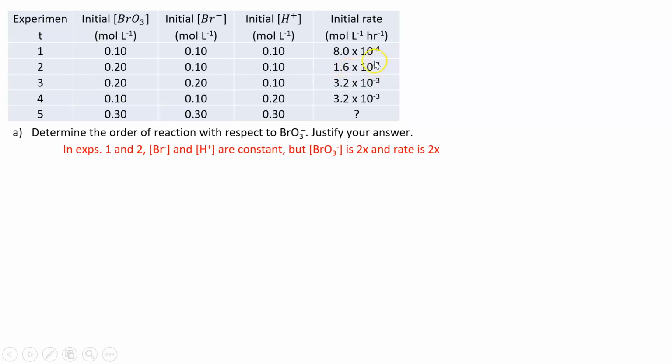Then you can easily see that 8 is half of 16. So we know that rate and the bromate ions are directly proportional since they're changing by the same factor. Concentration of bromate is first order. The rate is first order with relation to bromate.